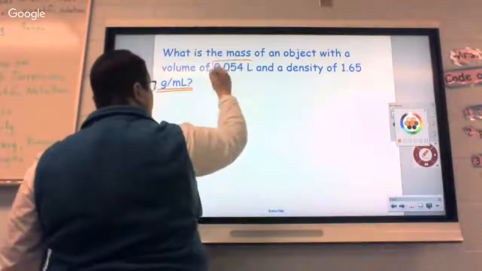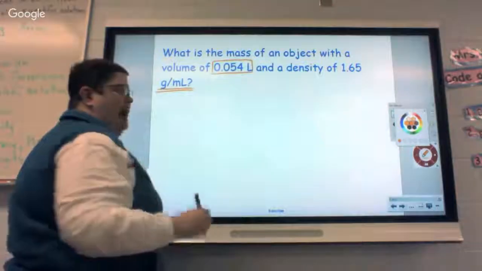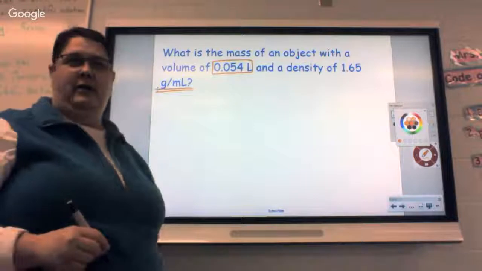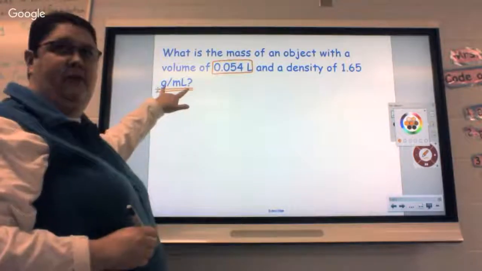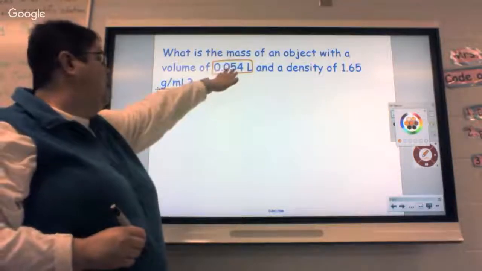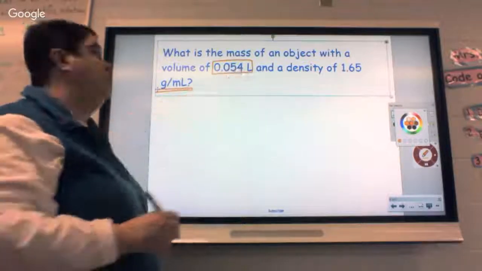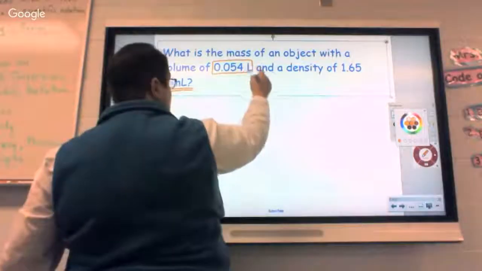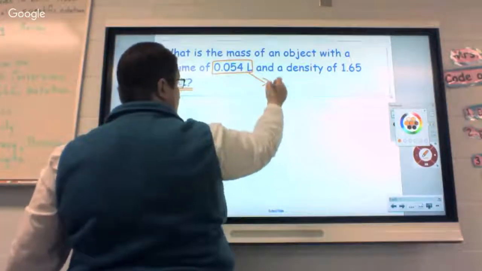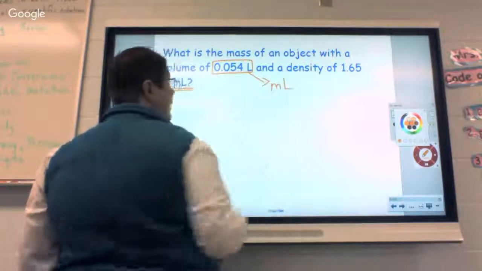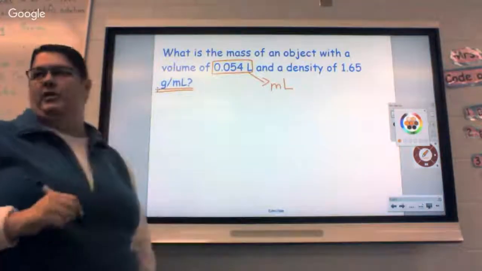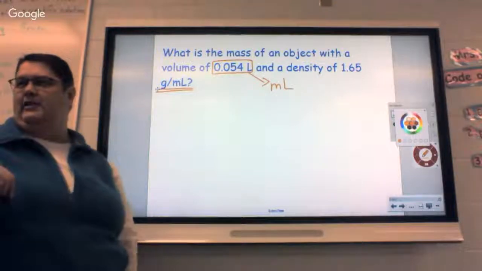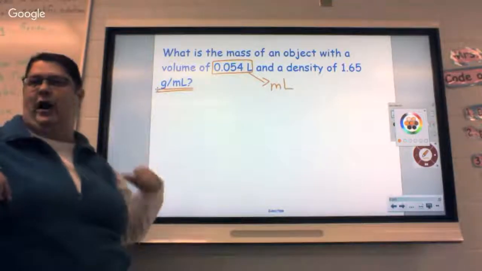I would change this one to match the fraction, change it to milliliters, and that way it would match the fraction. I would do exactly what Andy said to make it match the fraction.